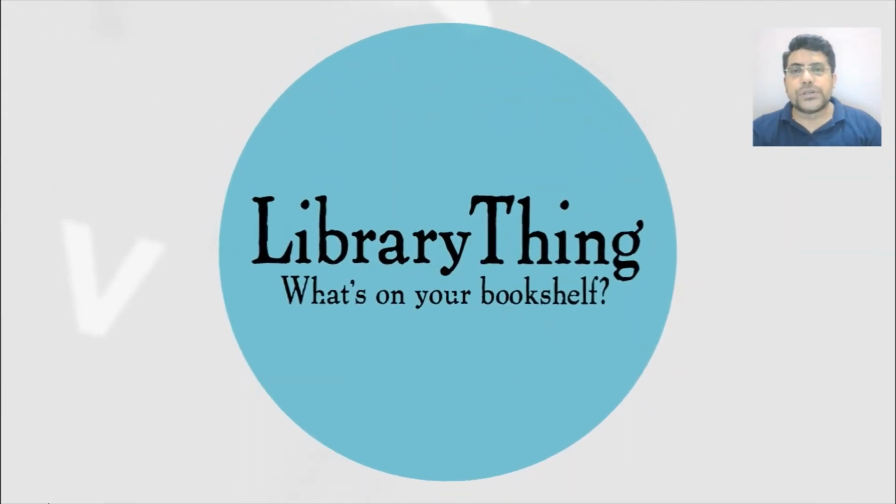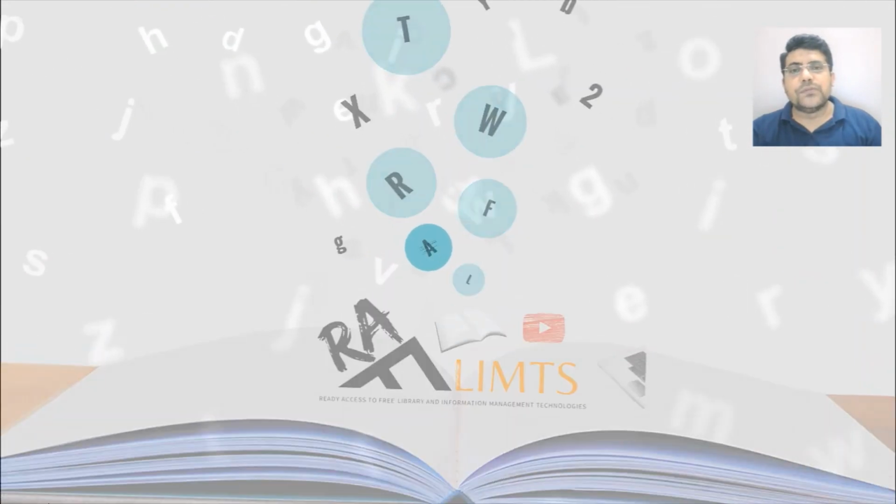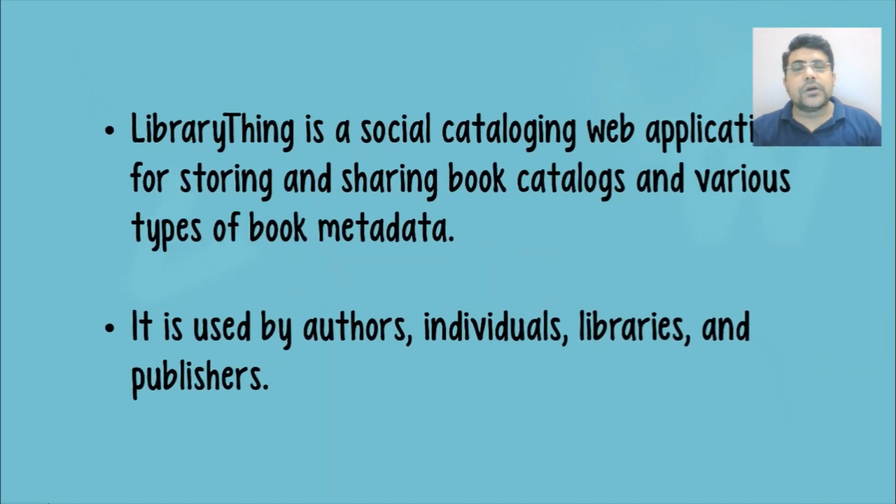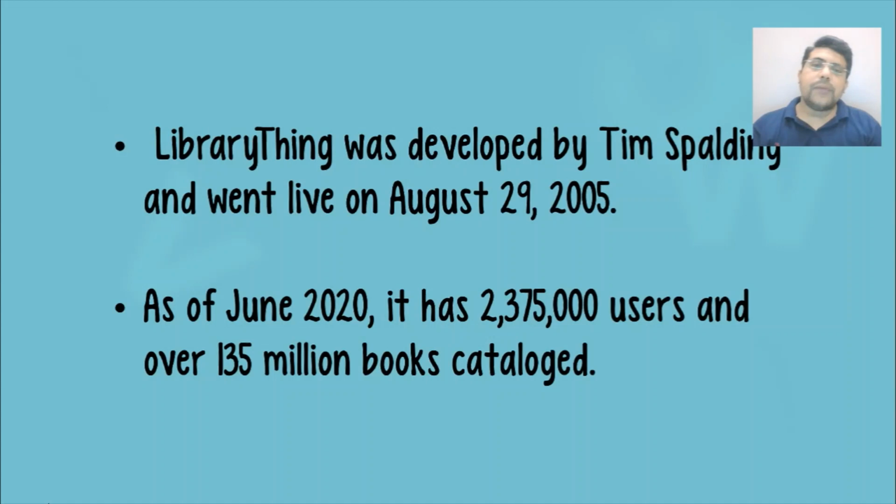What's on your bookshelf? LibraryThing is a social cataloging web application for storing and sharing book catalogs and various types of book metadata. It is used by authors, individuals, libraries, and publishers. LibraryThing was developed by Tim and went live on August 29, 2005.